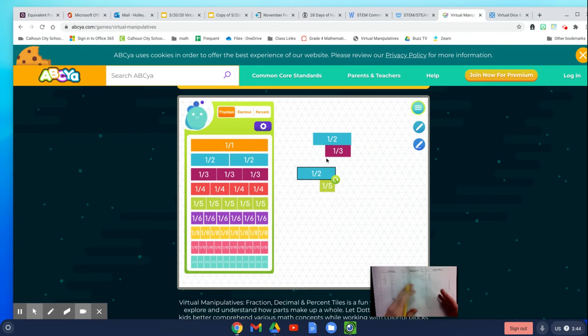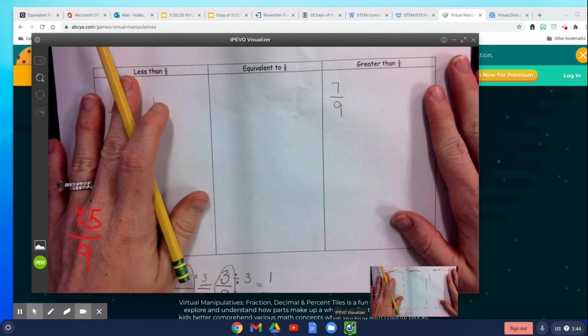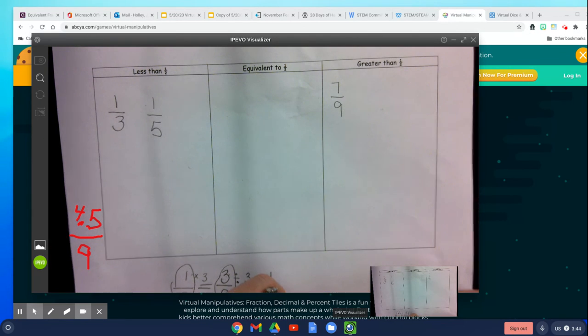So what you'll be doing is comparing all of these fractions. Now, you won't have a 9th or a 7th, but you can use your understanding of a half of that amount to solve the rest of them. So there's no limit to how many, but you need to have at least 4 on each category to turn in on Seesaw, but you could have much, much more.